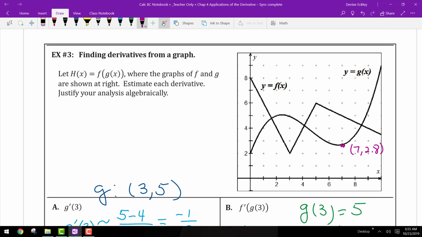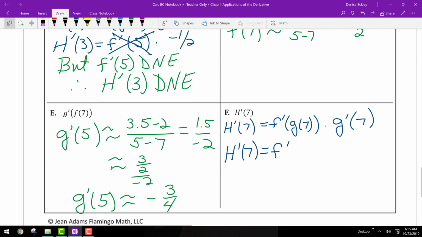So 2.8 is like right there. So the nice thing is that I'm along this line of f, so I can use this point, which is (0, 8), and the point at the bottom, which is (3, 2). So this is going to be f prime of 2.8 times g prime of 7.